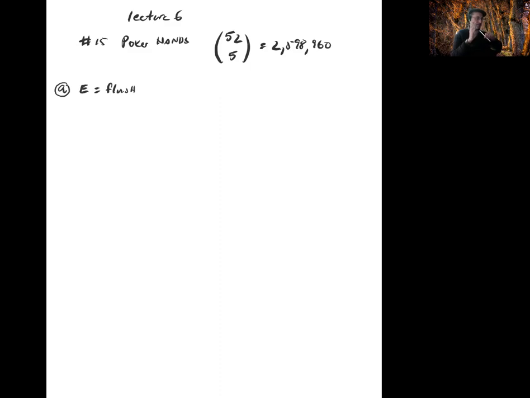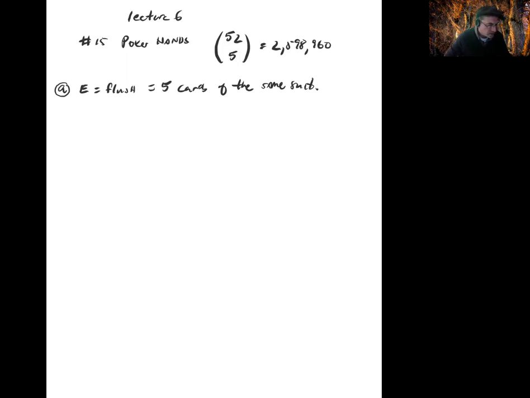Each suit has 13 cards consisting of ace, 2, 3, 4, 5, 6, 7, 8, 9, 10, jack, queen, king. And that's all there is. So now a flush is any 5 cards of the same suit. So 5 hearts or 5 clubs, etc.